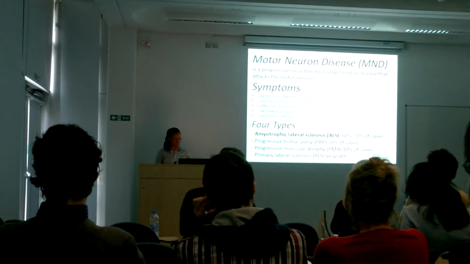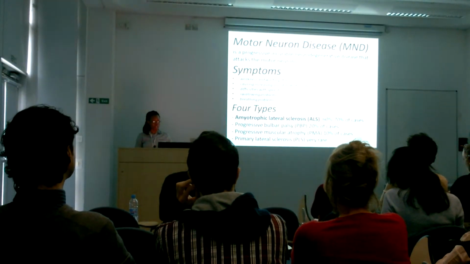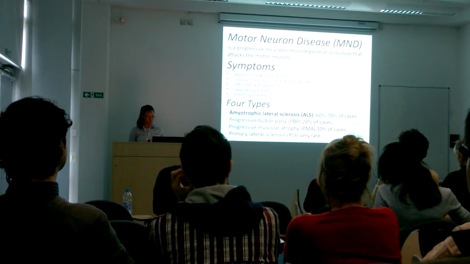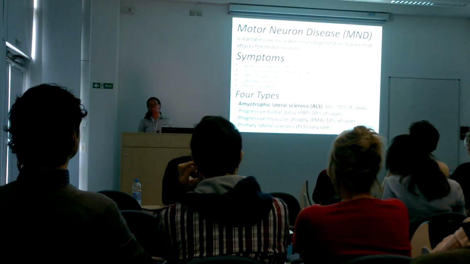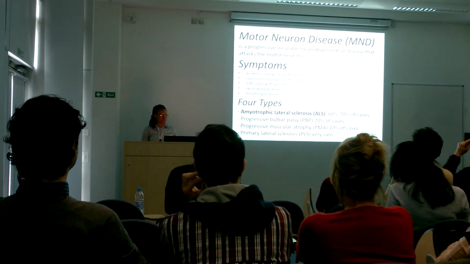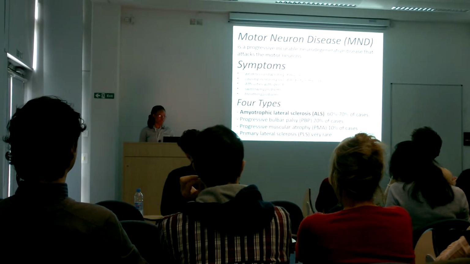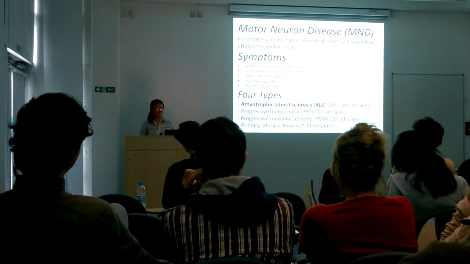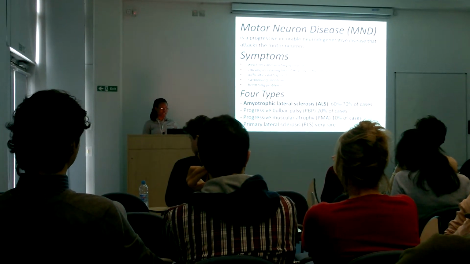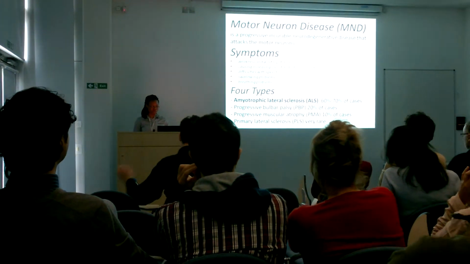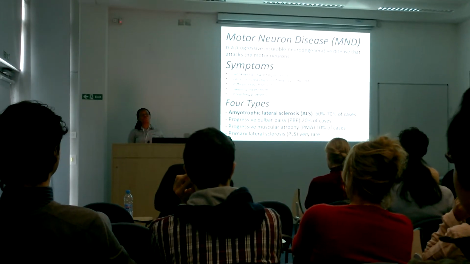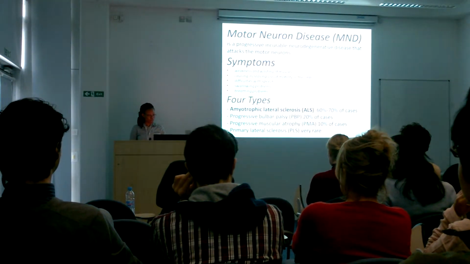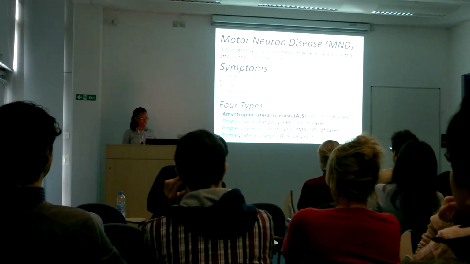There are 4 types of MND: ALS, which occurs in 60 to 70% of cases, PBP, which is progressive bulbar palsy, 20% of cases, progressive muscular atrophy, 10% of cases, and primary lateral sclerosis, which is very rare, but eventually ends up in ALS patients.